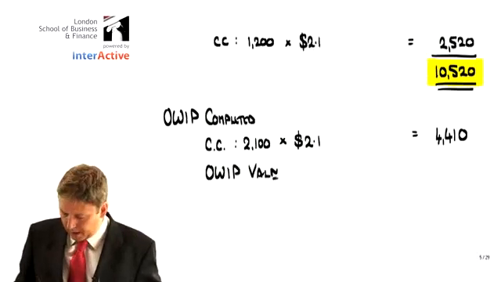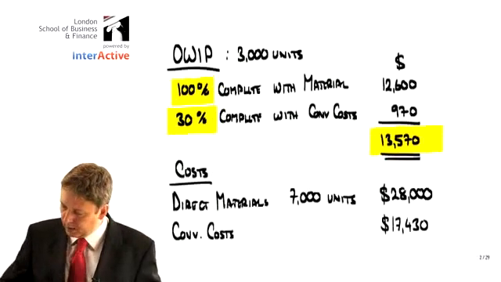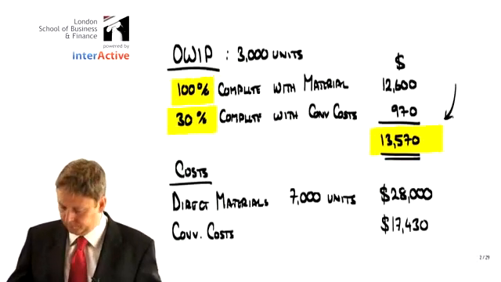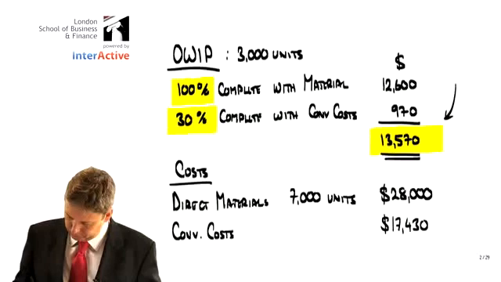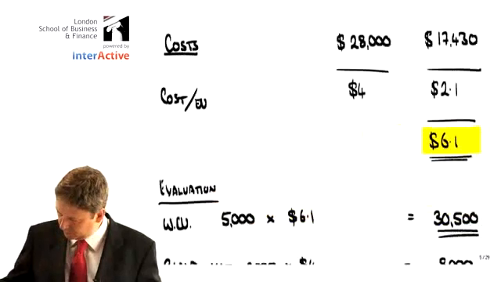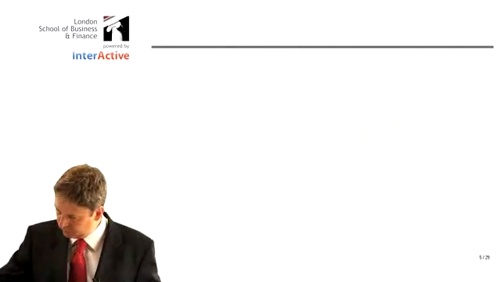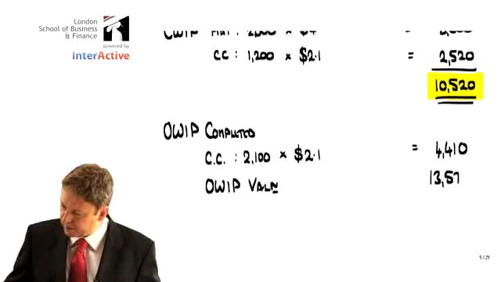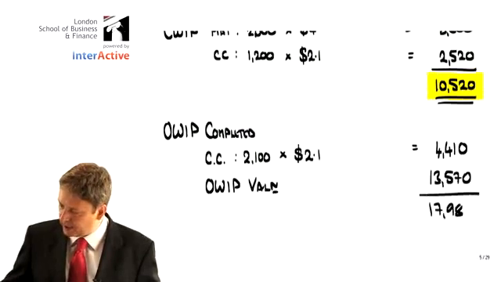If you remember back to the numbers we had earlier, the OWIP valuation was 13,570. So we slot in 13,570 and we end up with 17,980.